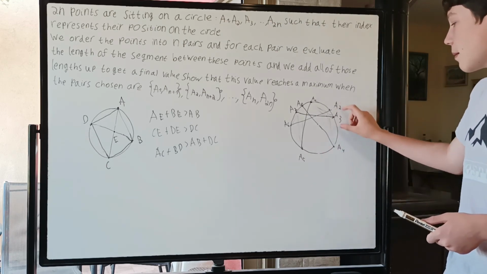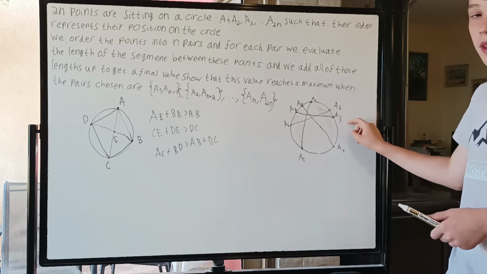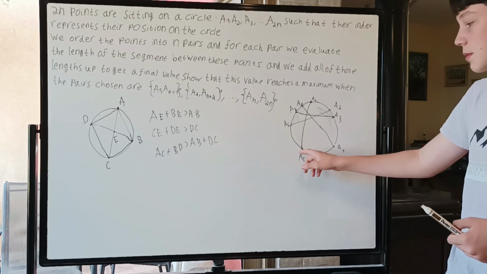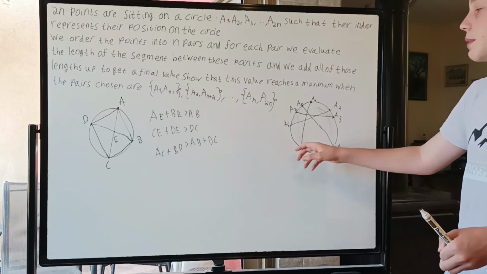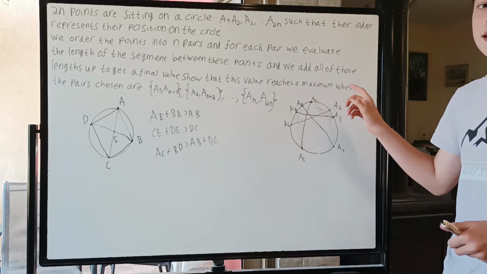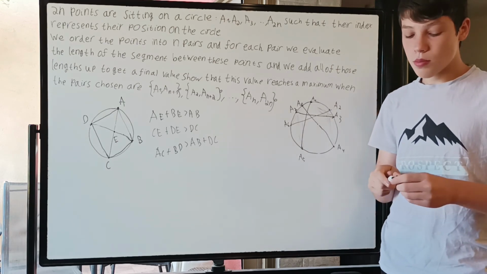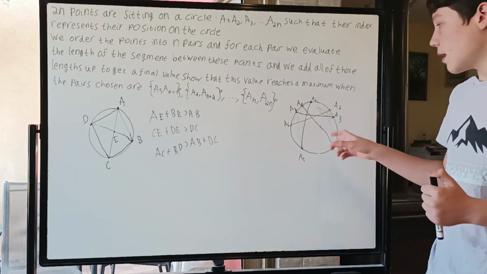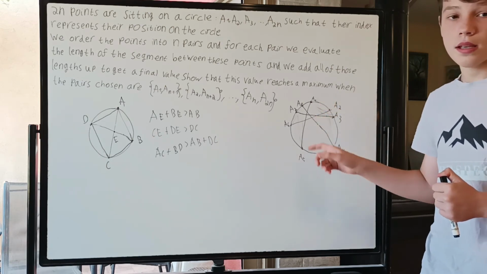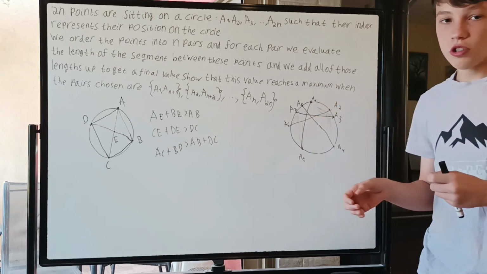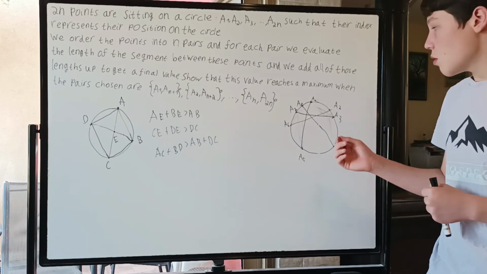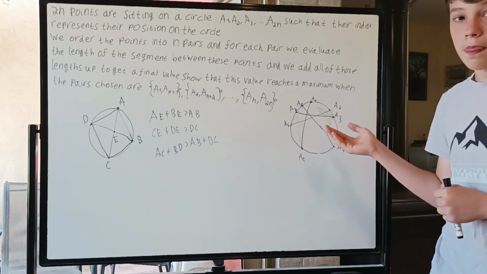We'll have n minus 1 points here, which will be A2, A3 up until An. And then the next point, n plus 1, will have to be the point connected to A1, because otherwise this segment with A1 won't be able to cross at a point inside the circle with any other segment.